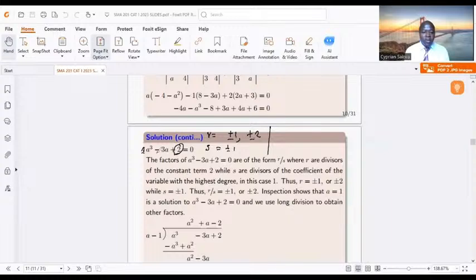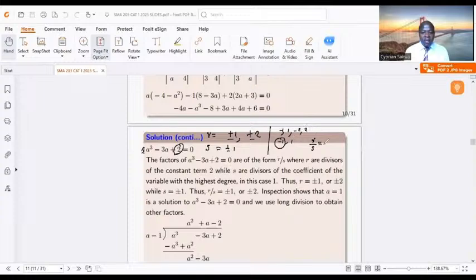So for the root of this equation, r can be 1, negative 1, 2, negative 2, and s is just negative 1 and 1. I can take s and divide it into r.